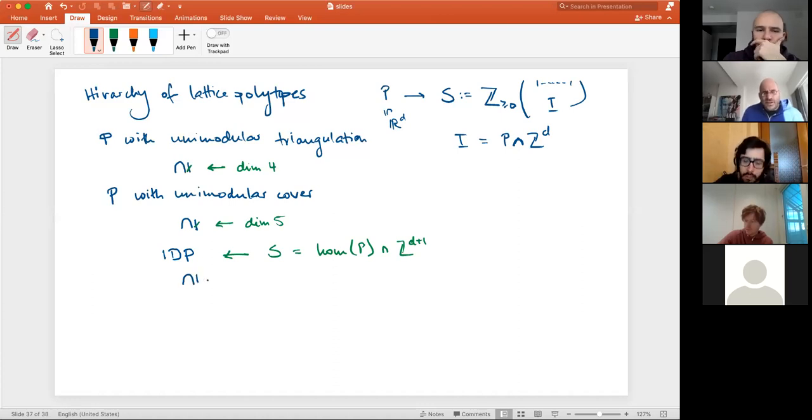And the next category, so there's various things that I'm ignoring here. You can make this picture finer, but the next category that I find interesting are very ample polytopes.